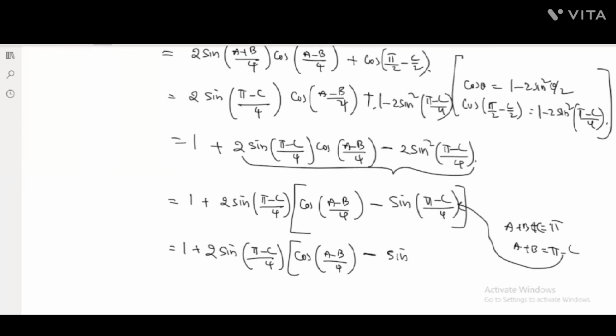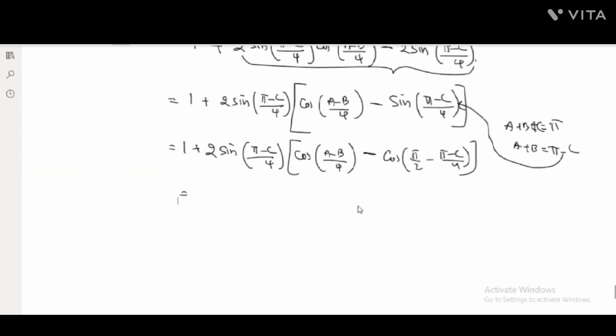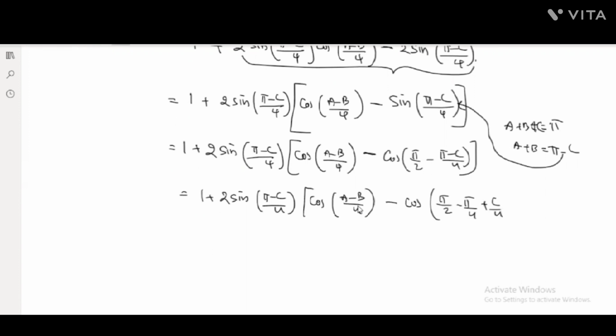Before substituting here, we will try to change it to the cos because we need both cos terms. So how can we write this one is cos pi by 2 minus pi minus c by 4. Then we can write 1 plus 2 sine pi minus c by 4 into cos of a minus b by 4 minus cos of what we'll get is pi by 2 minus pi by 4 plus c by 4.